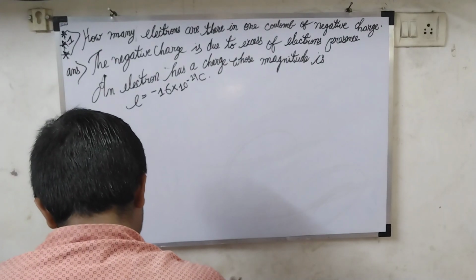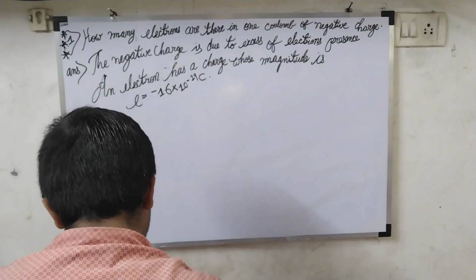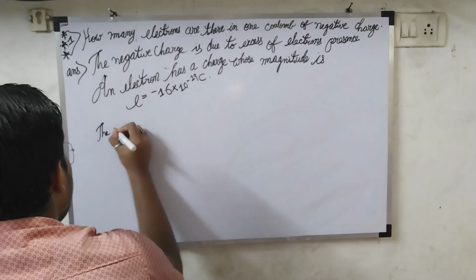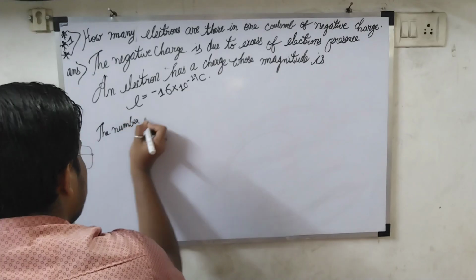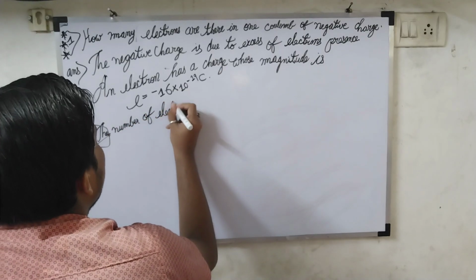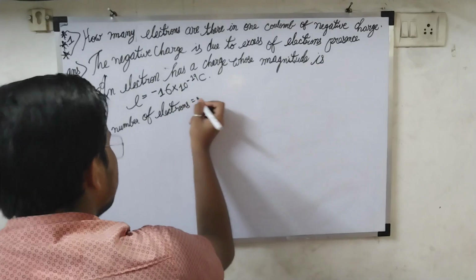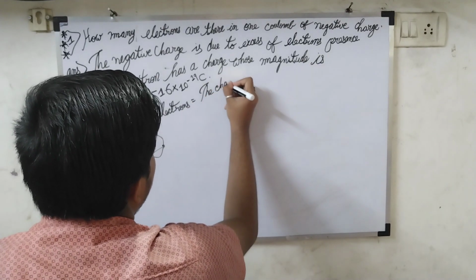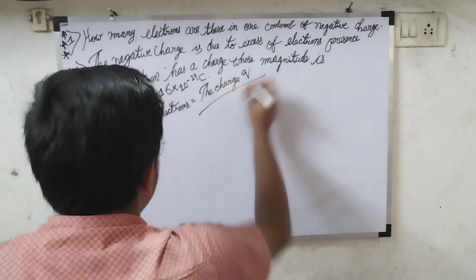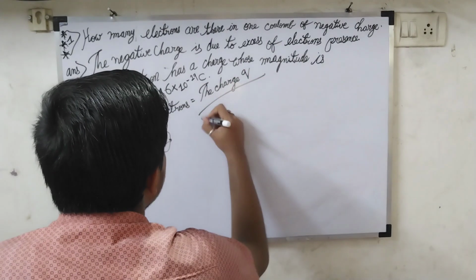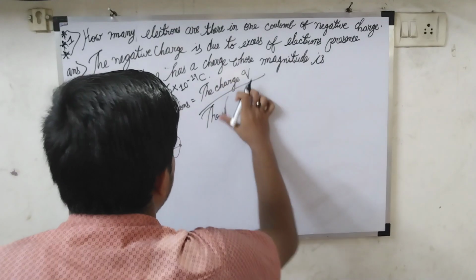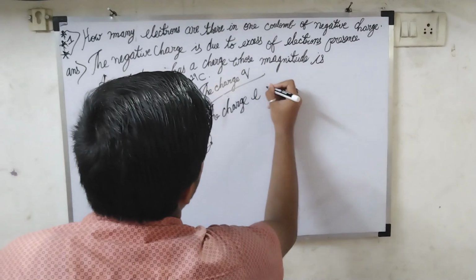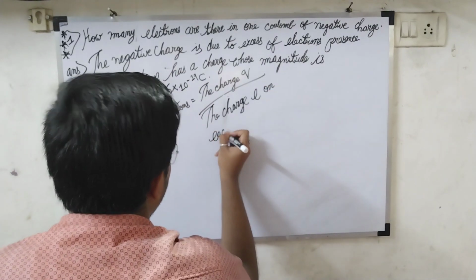Now the number of electrons is equal to the charge Q divided by the charge e on each electron. What is the formula? The number of electrons is equal to the charge Q divided by the charge e on each electron.